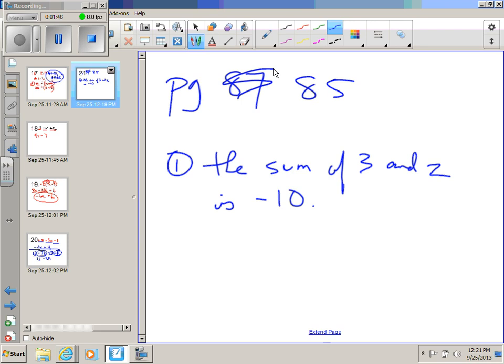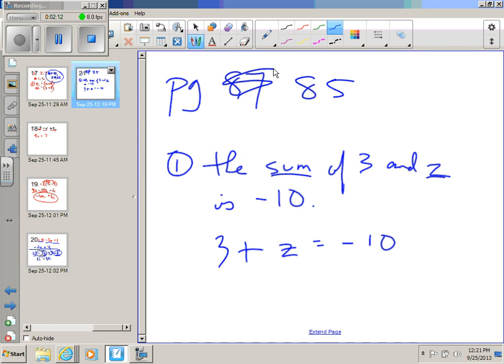We obviously know that we're doing what, Caleb? Sum? Adding. Adding what and what? And is negative 10? Is negative 10. That's it. We're not solving for z. We're just setting it up.